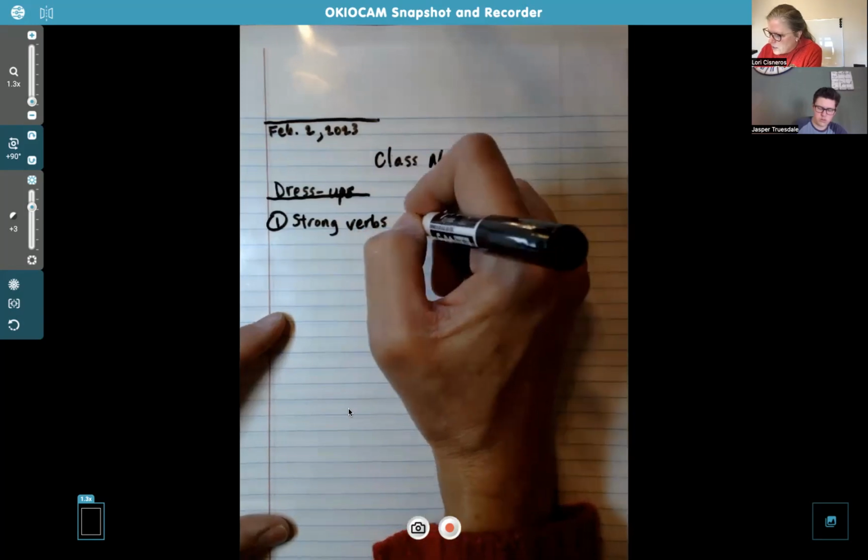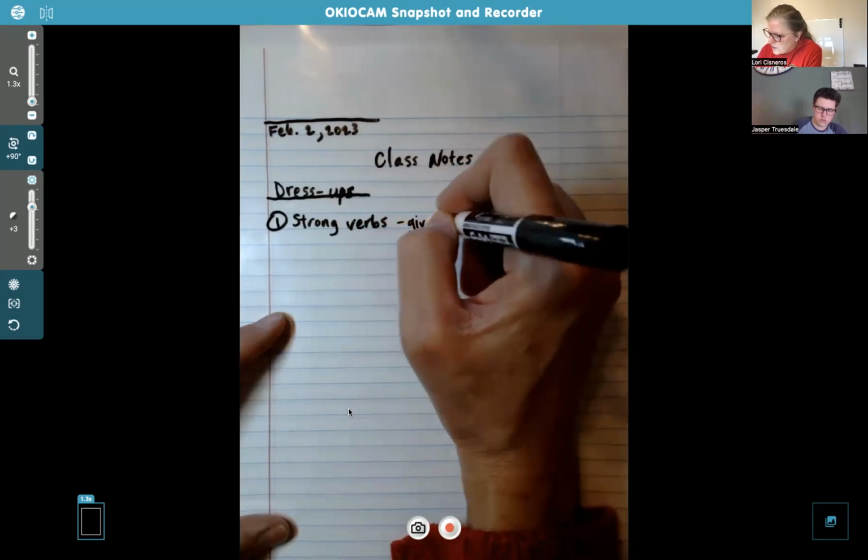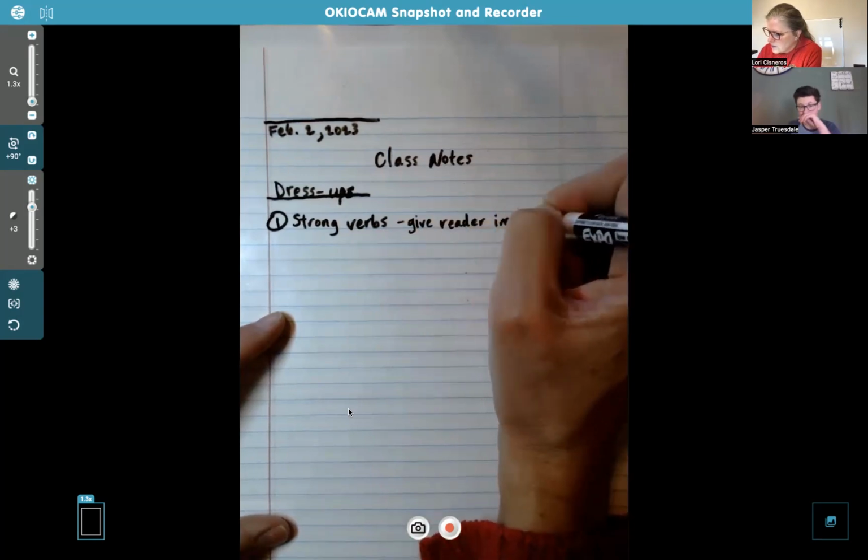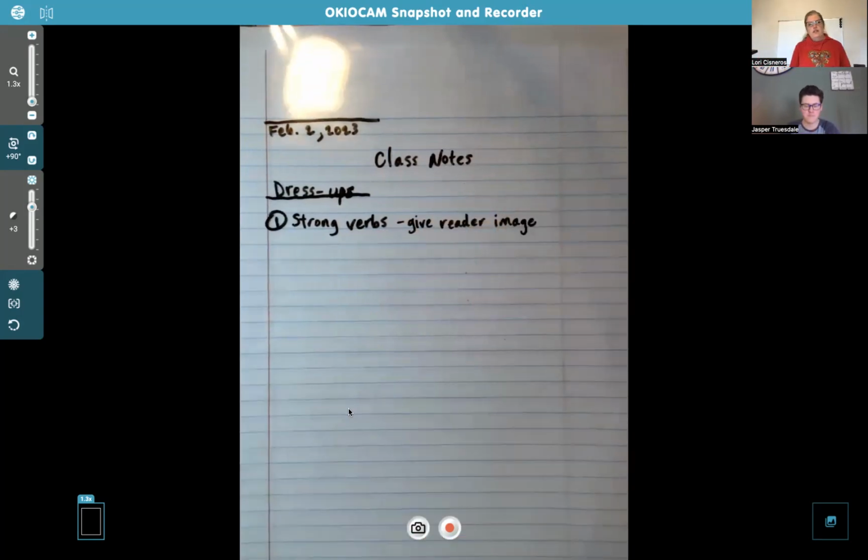So I'm just going to take that note right here and put give reader image. Basically, rather than ran, you could say scurried or chased or bolted or something like that. I know I've given that example before, but basically it's a more bang for your buck type of word to describe the action that's happening.